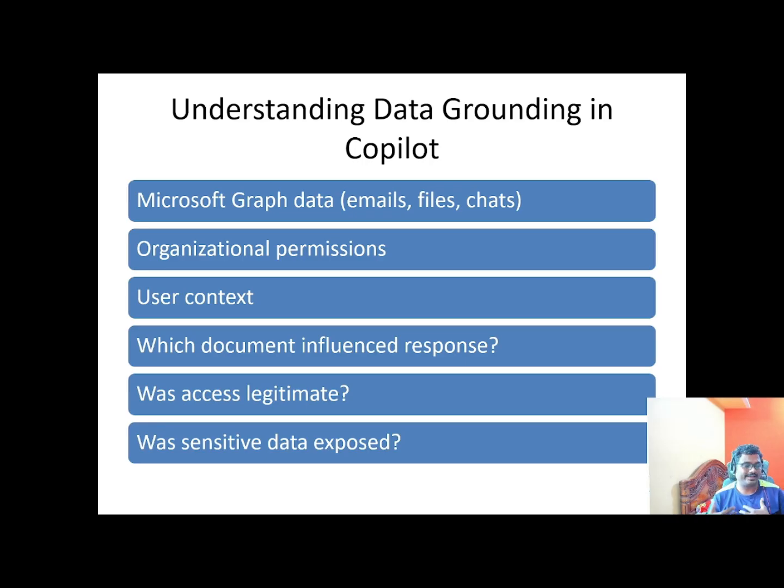So we highly recommend Microsoft provide this for the organization, to understand what grounding data you're giving to the end users. It's good for them to know, but why not for the admins, right?